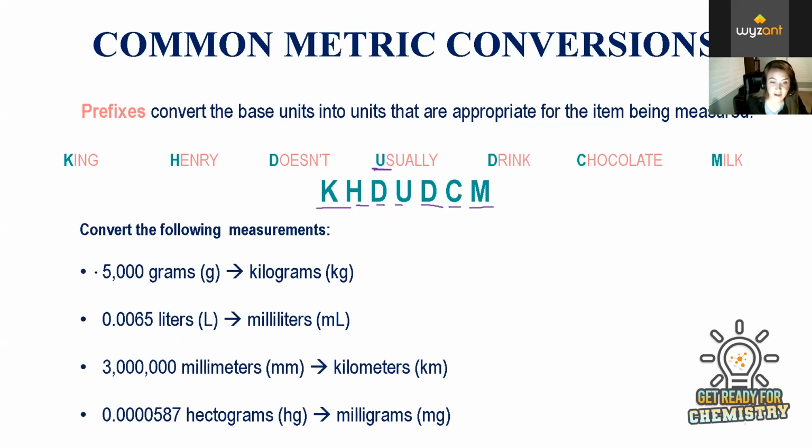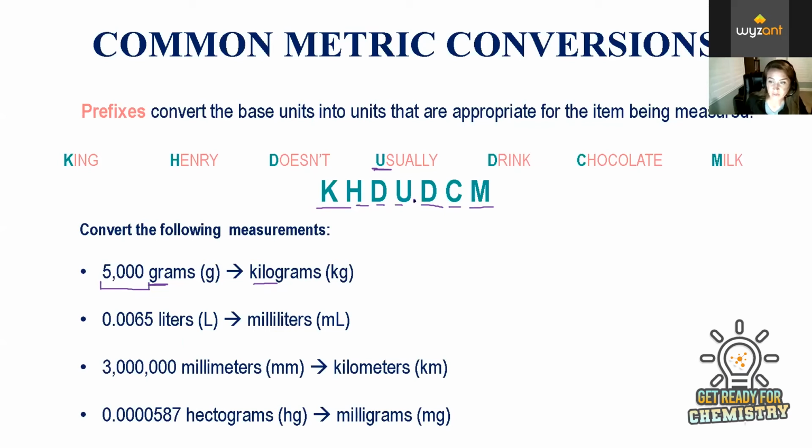So if you have 5,000 grams, you're in the unit right now, because grams doesn't have any prefix in front of it. It is the unit. So you're here and you need to get to kilograms. You want to convert 5,000 grams into kilograms, because this is a large number and it would look better in kilograms, because it would be more simple than 5,000.